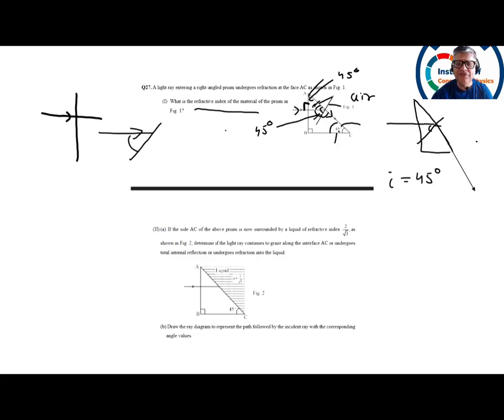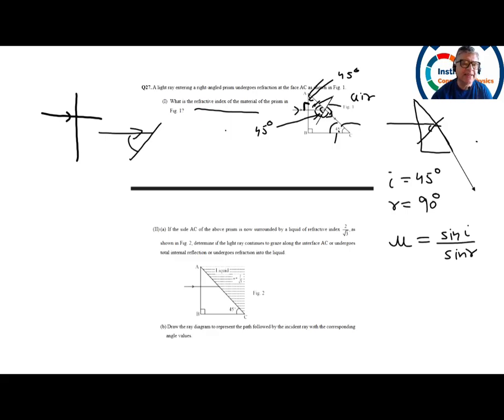What is my angle of refraction? 90 degrees. So what is the refractive index from Snell's law? Mu is equal to sine i by sine r. But we are talking about an angle of refraction of 90 degrees. You can see the angle of refraction here. Very simple.